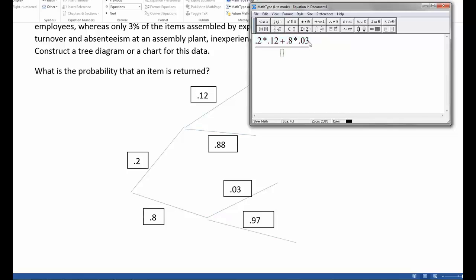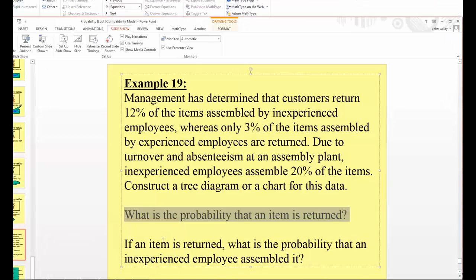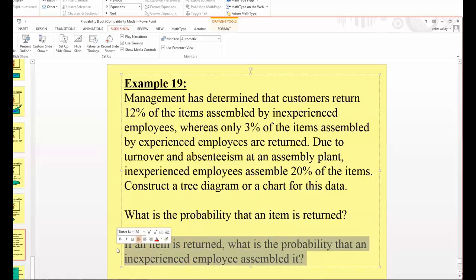Okay, so if I type that in a calculator, 0.2 times 0.12 plus 0.8 times 0.03, I get that an item was returned about 4.8% of the time. Okay, this is the question I was trying to answer. Getting ahead of myself here.